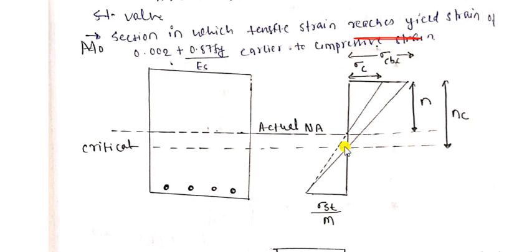Here it is passing through the critical neutral axis, so the maximum compressive stress is not applied here, right? It means the compressive stress in concrete is less than the maximum compressive stress. You can see from the diagram clearly, but here the stress in the steel is fully stressed, fully utilized.